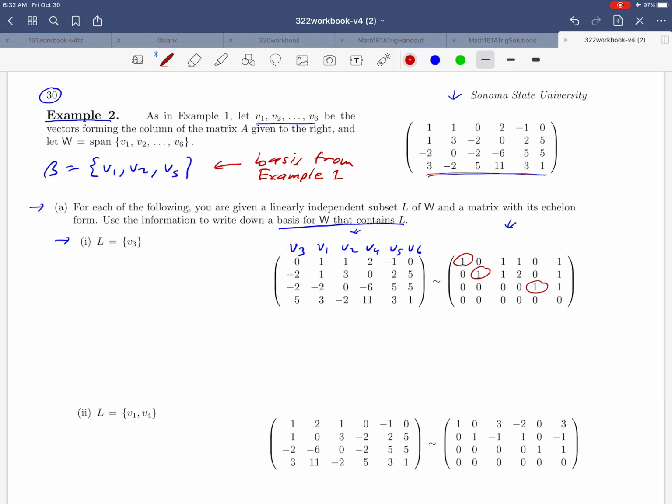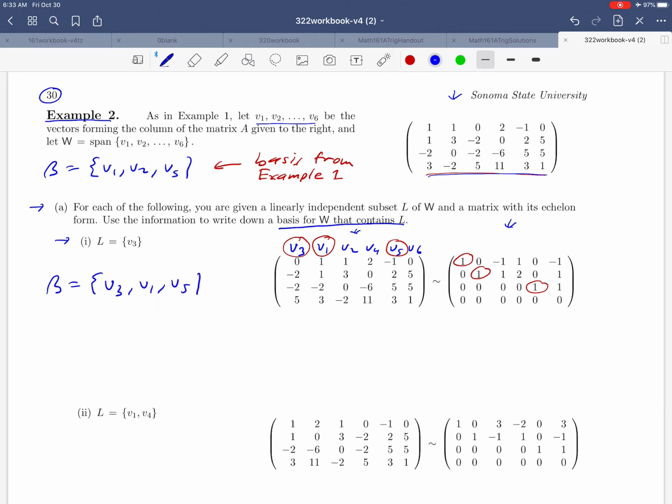And we know from the general principle on the previous page that we can get a basis for our vector space by just taking the vectors that correspond to those pivot positions. So what would the vectors be in this case? Well, they would be the vector in the first column, that's v3, then the second column, and then finally the 5th column. So it looks like it's v3, v1, and v5 this time.